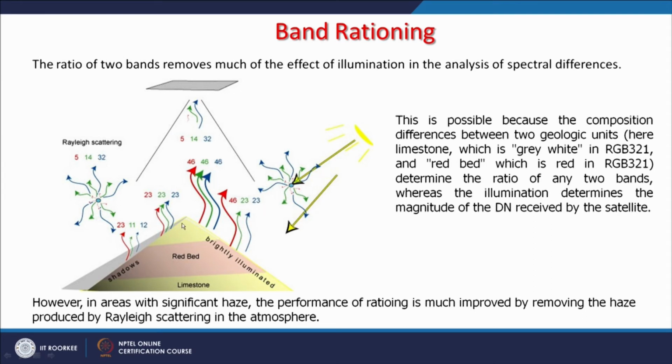However, in areas which have haze or atmospheric distortions because of Rayleigh scattering, the reflection from these rocks is reduced significantly, roughly by half. So in areas with significant haze, the performance of the ratio is much improved by removing the haze produced by Rayleigh scattering in the atmosphere.